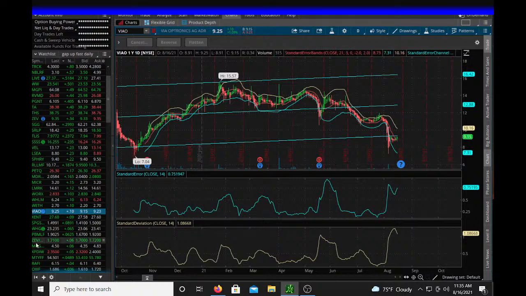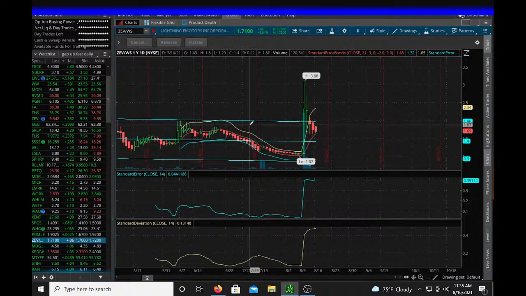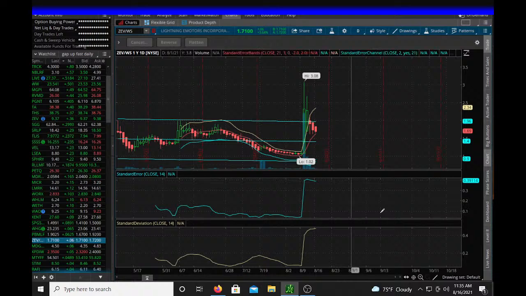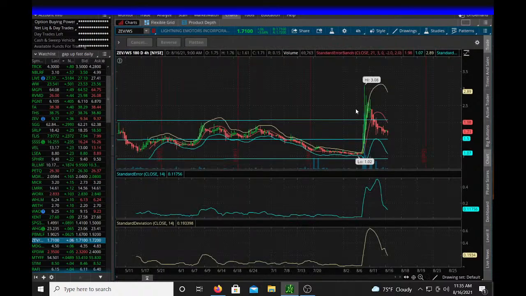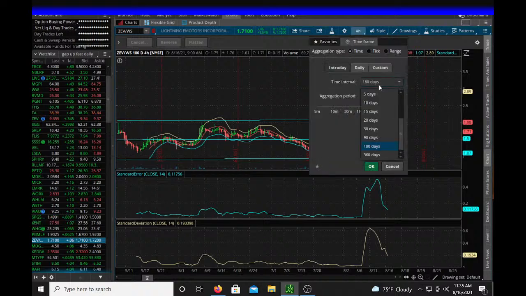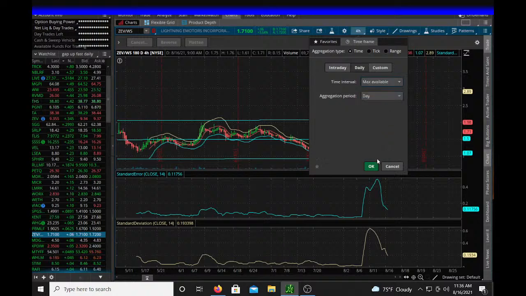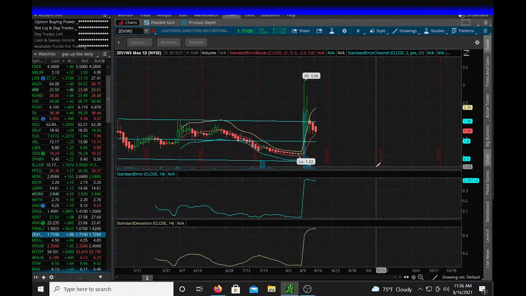ZEV warrants, those might be worth something. Is that what they are? Yeah, they are. Let's see, how old is this? Yeah, it's not very old.